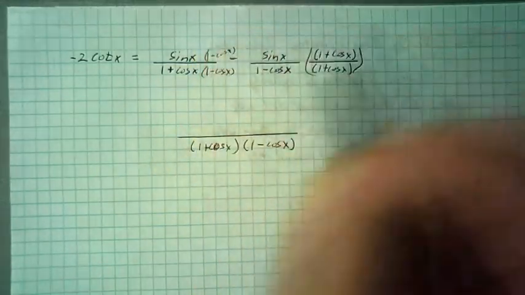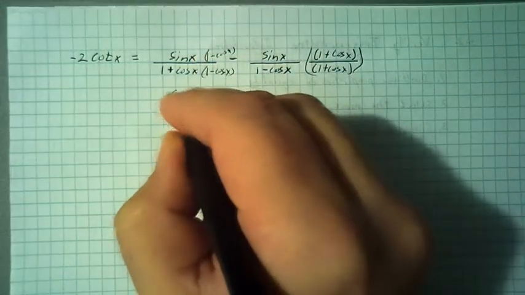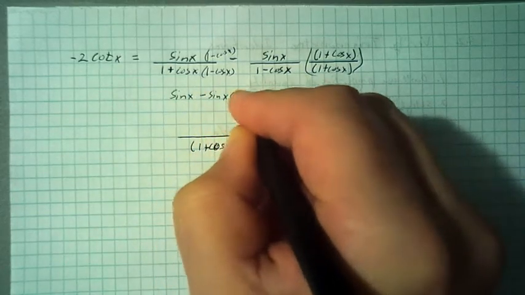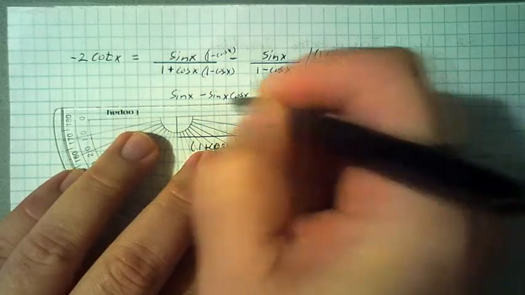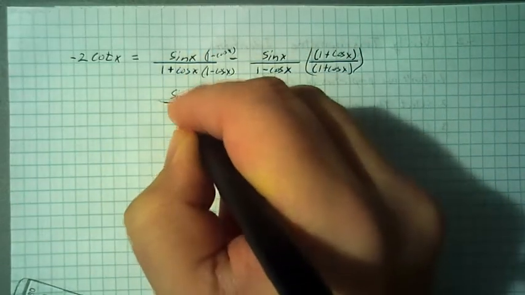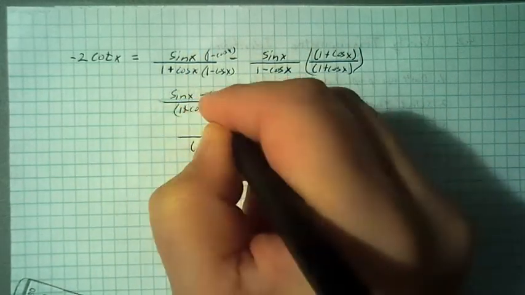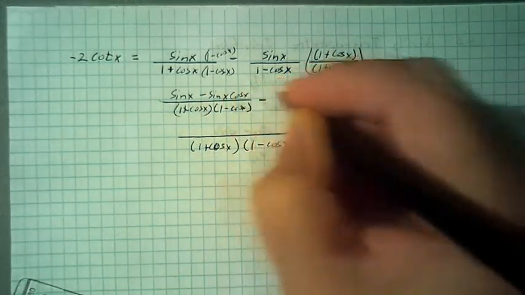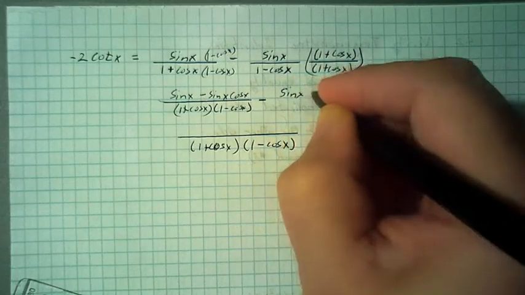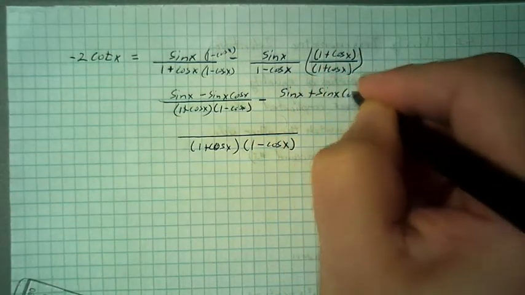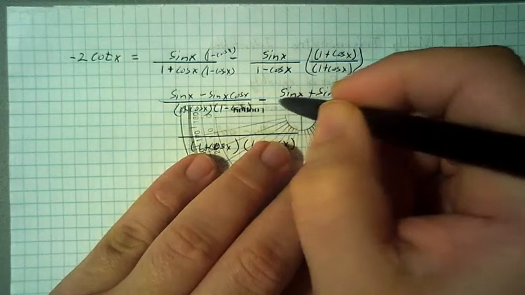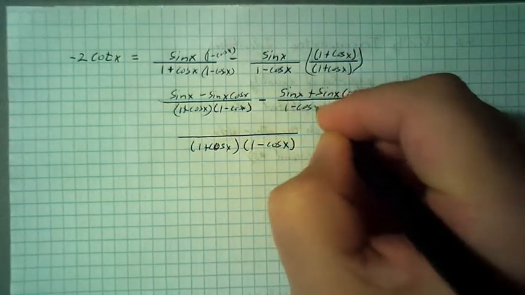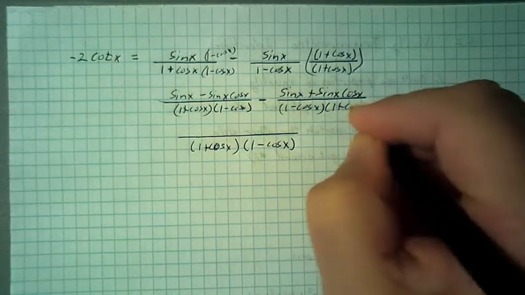I really should have done this on the next row. And that gives me sine of x minus sine of x times cosine of x over 1 plus cosine of x times 1 minus cosine of x, minus sine of x plus sine of x cosine of x over 1 minus cosine of x times 1 plus cosine of x.